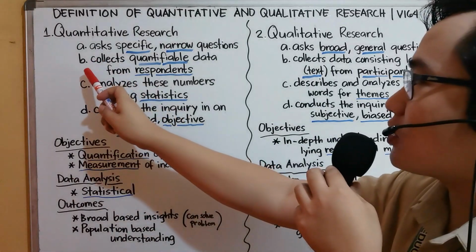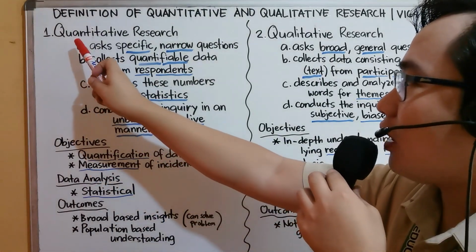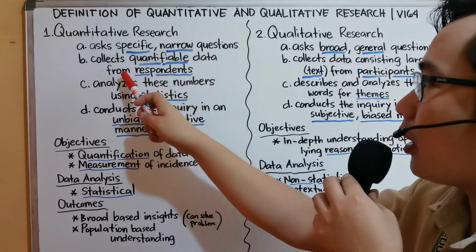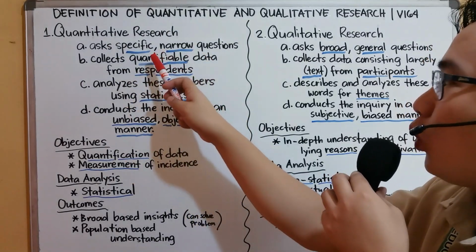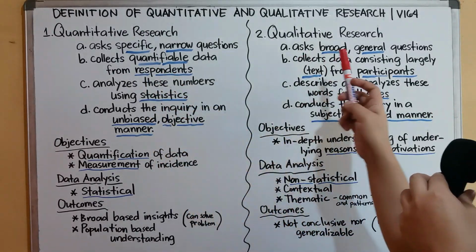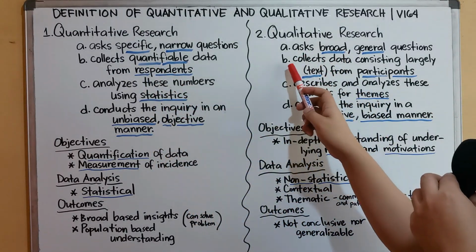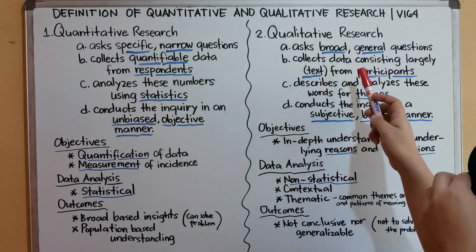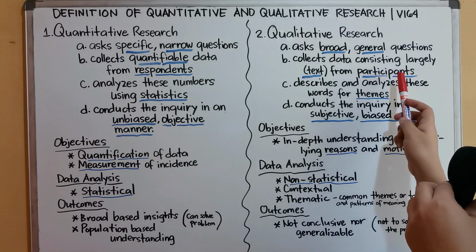Sa letter B naman, ma-observe ninyo, dito sa quantitative nakalagay, collects quantifiable data from respondents. Okay? Quantifiable. Naka-highlight sa atin at saka respondents. Punta tayo sa qualitative. Letter B. Collects data consisting largely of text from participants. So yun ang nakalagay.